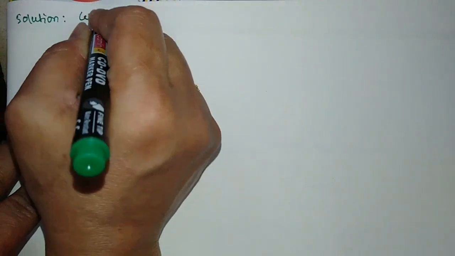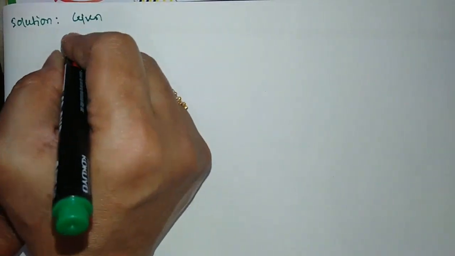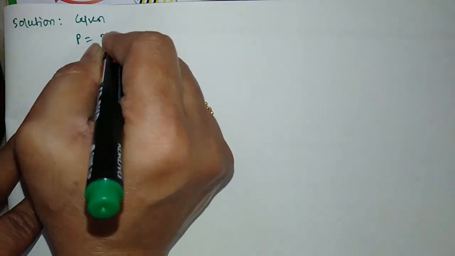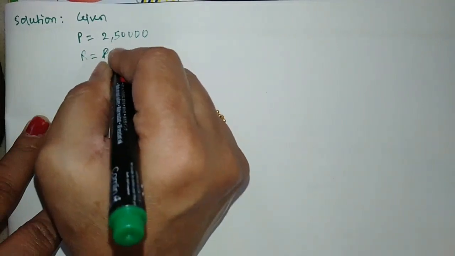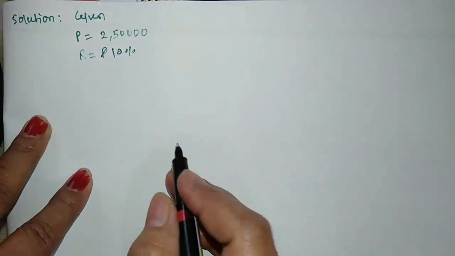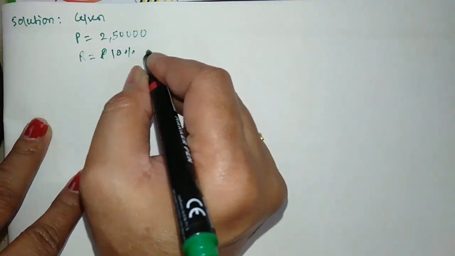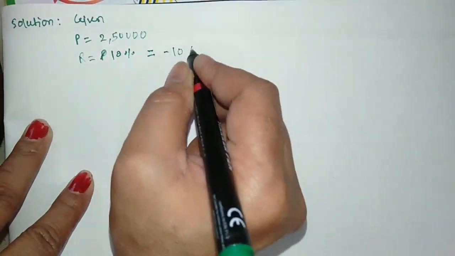Firstly write down the given things. P is equal to 2,50,000. R is equal to 10%. So here depreciation word is given, means R is equal to minus 10%.